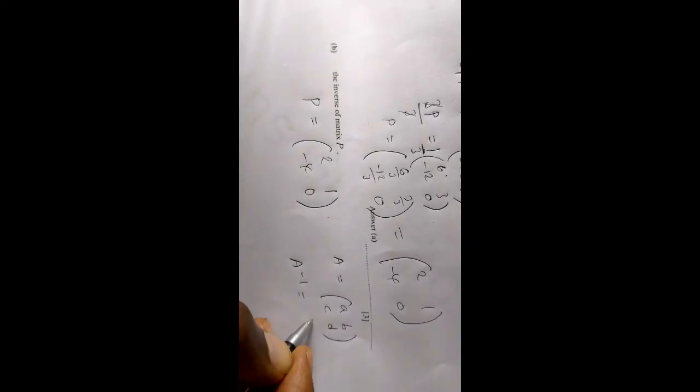The inverse of that matrix will be 1 over ad minus bc multiplied by (d, -b; -c, a). So this is the formula. So ad minus bc is the determinant, and here we switch a and d, they switch, and b and c, they change signs.